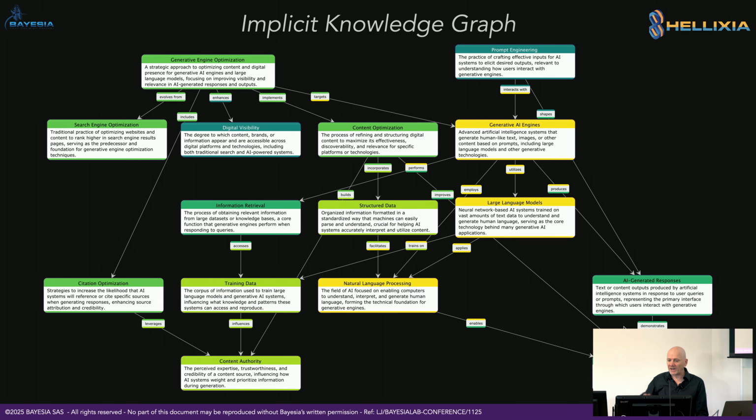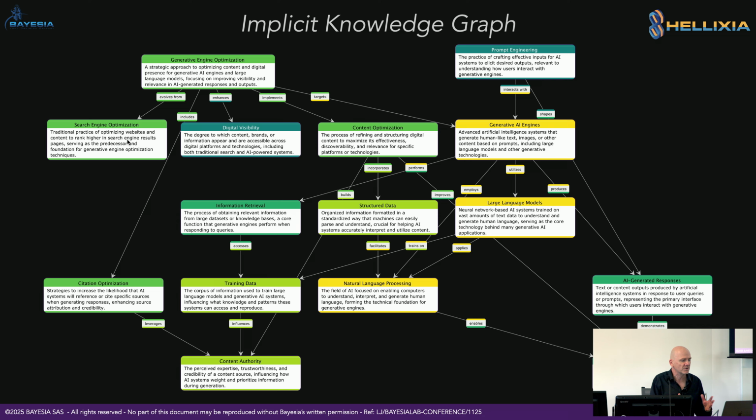Then we can also create a knowledge graph, right? So here the idea is just to say, I'm interested in GEO, give me the knowledge graph that represents this domain. And so in a knowledge graph, you have entities and connections between these entities that can be taxonomic, partitive, temporal, or causal.